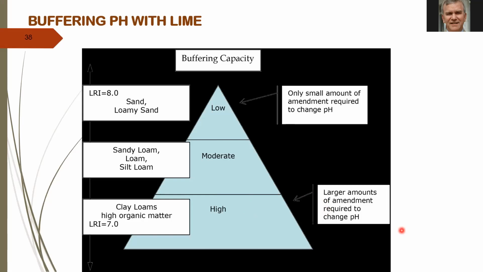You need to understand not only the texture of your soil, but also the organic matter content of your soil. And this is why we do soil testing, so we know how to better manage soil characteristics such as pH. Managing pH for a farmer is the application of chemistry in agriculture.